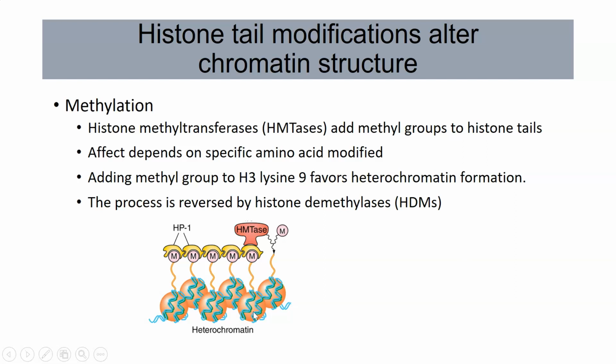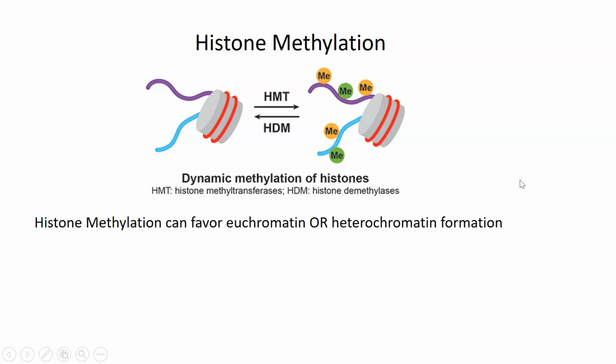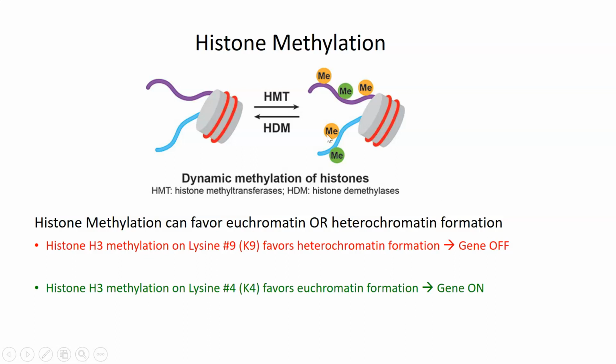So this is shown here, methylation of histone tails in neighboring nucleosomes and the tight packing that results. This process is also reversible. You can remove a methyl group, and the enzyme that does that is histone demethylase, HDM. And that's shown here. Here is a tail, and this histone tail can be methylated in different places.